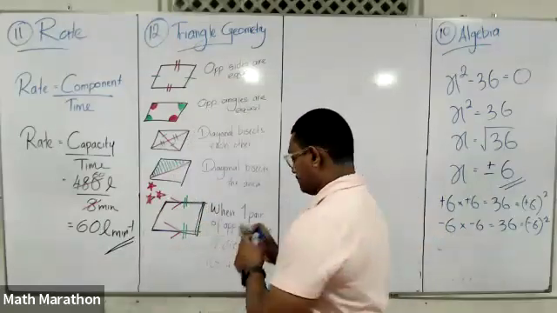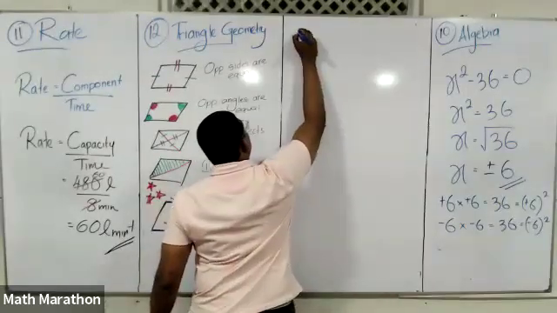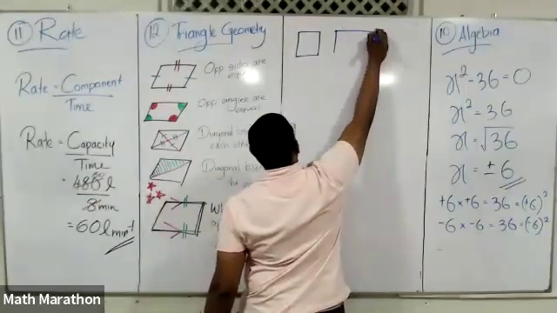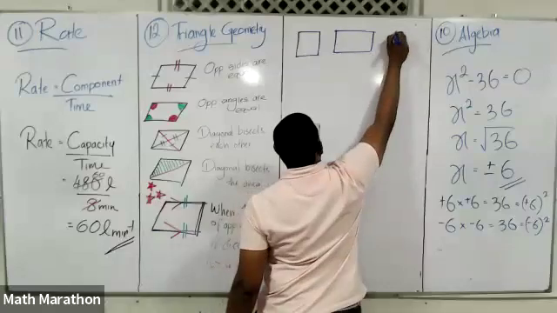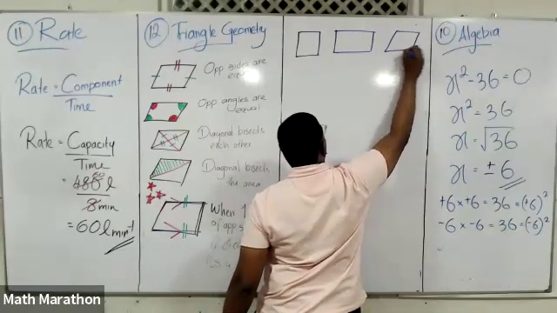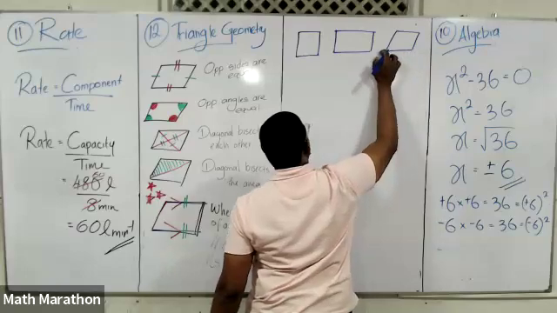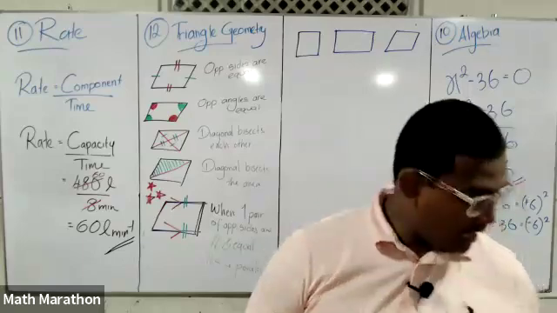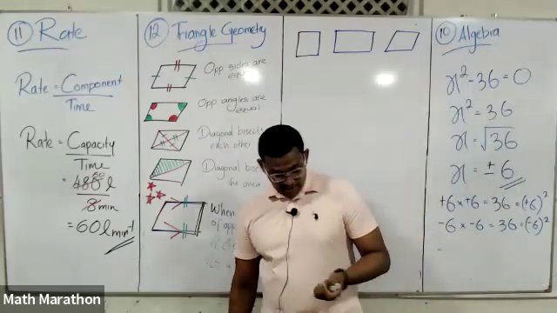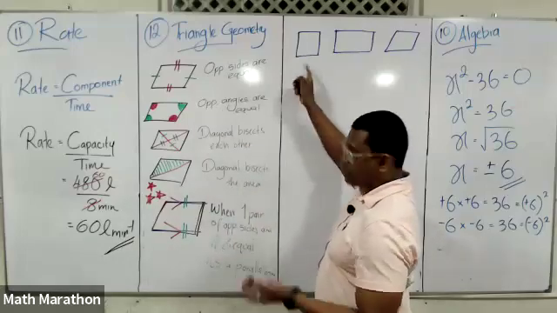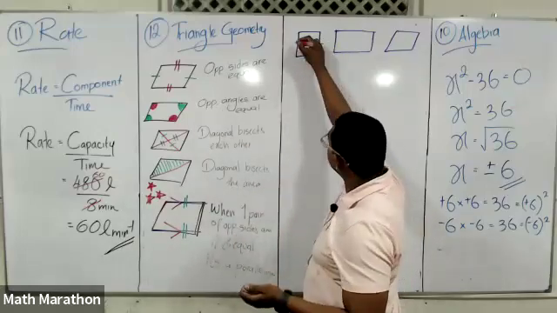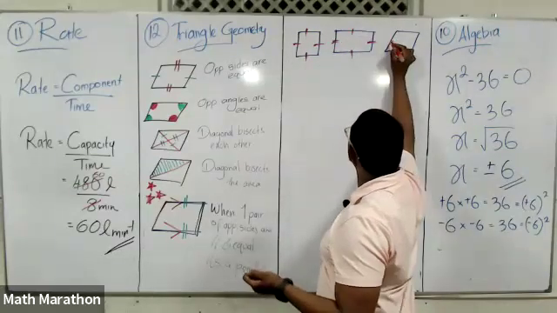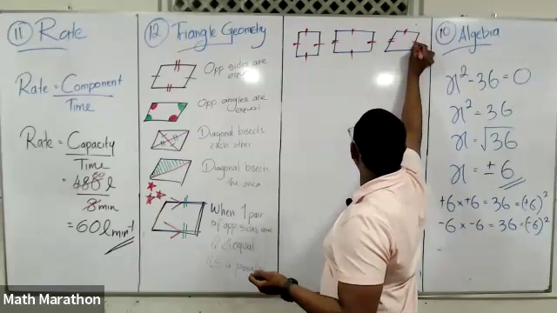Before I go for the answer, we have a square. We have a rectangle. We have a rhombus. Out of these, which one do you think is a parallelogram? I'll give you 1 minute. Just think. I have a square, a rectangle, a rhombus.